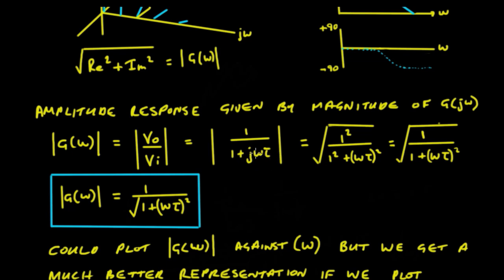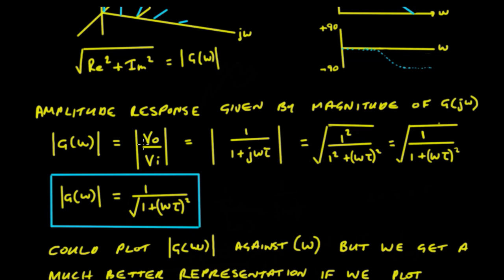And what we can do is replace the RC with the value tau. If we looked at RC, you find that RC was actually a time value, so a time constant. So we just replace that with a value tau.